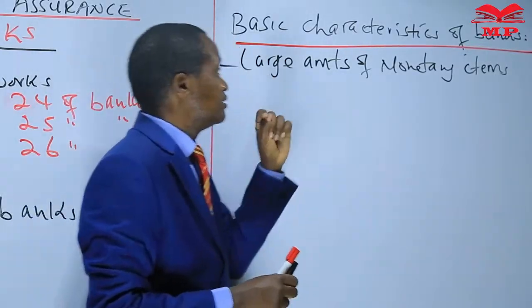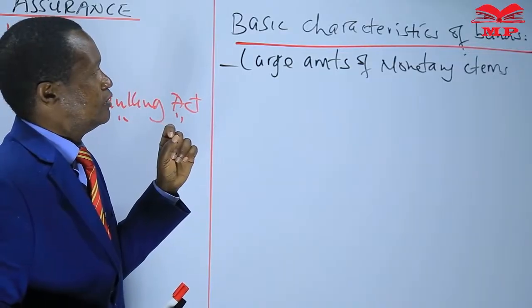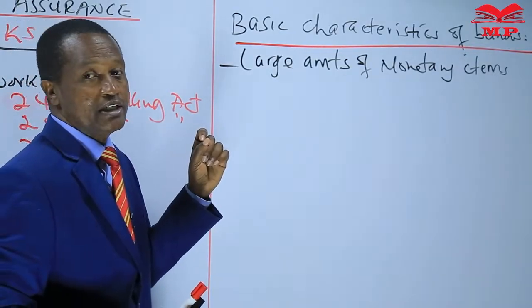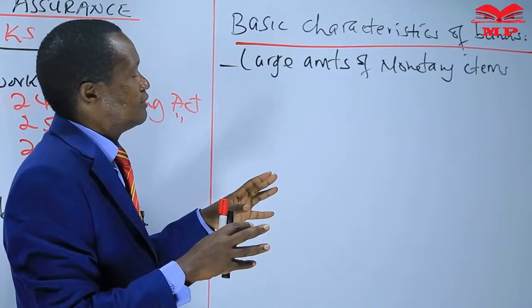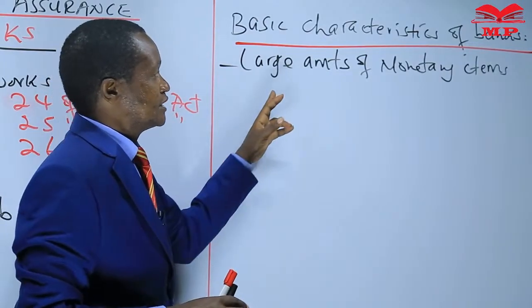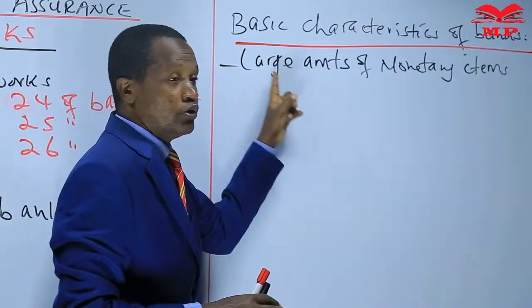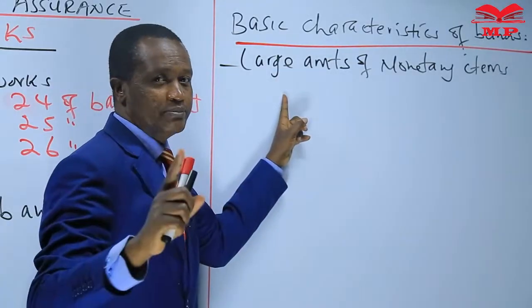So that is one basic characteristic of banking institutions that distinguishes banks from other commercial enterprises: large amounts of monetary items.